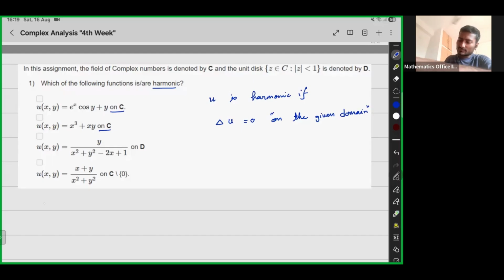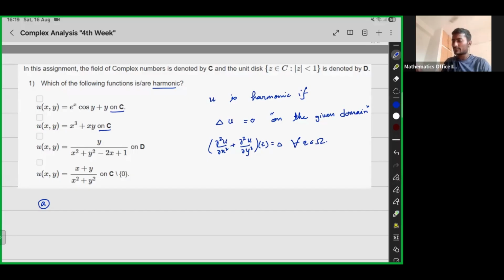Let's check first A. Del u means del square u by del x square plus del square u by del y square, evaluated to be 0 for every z inside the domain.